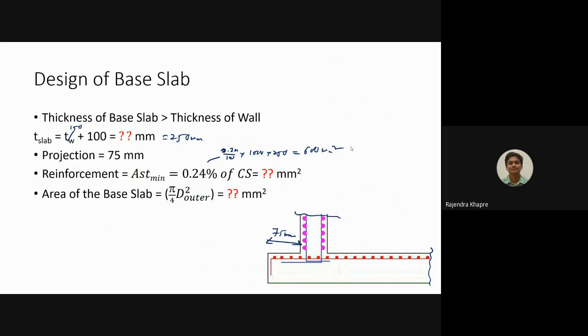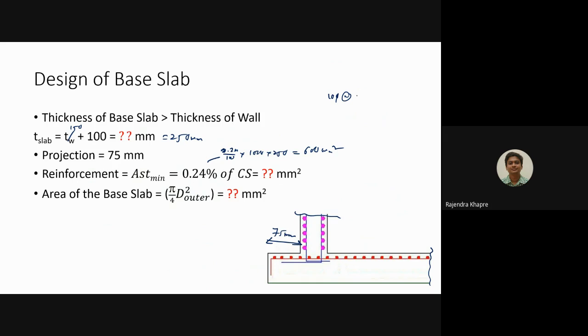So for 600 millimeter square, if you take 10 mm dia bars, how much will be the spacing? Sorry, 130. So 130 is very close to 125.